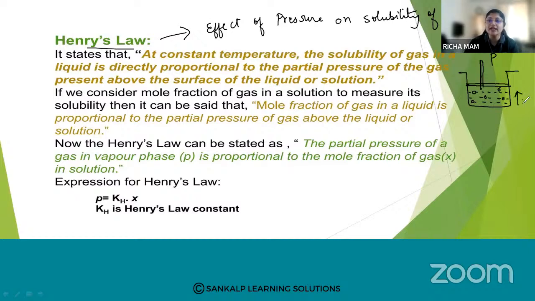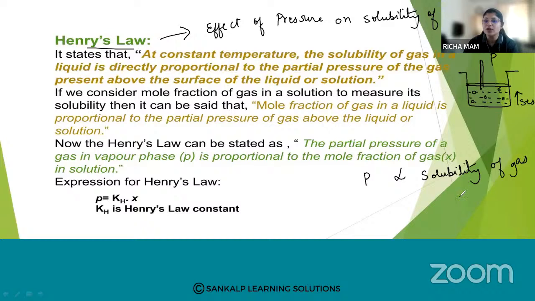The solubility will increase. As you increase the pressure on the beaker containing the liquid and the gas, the solubility also increases. As we know, partial pressure is directly proportional to the solubility of the gas.